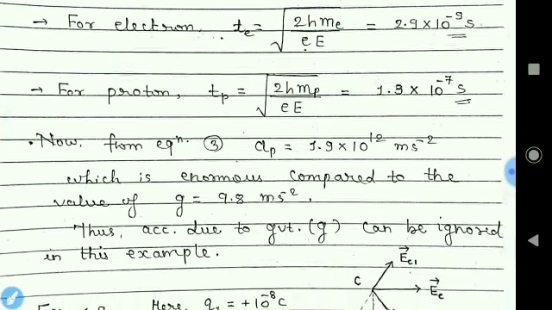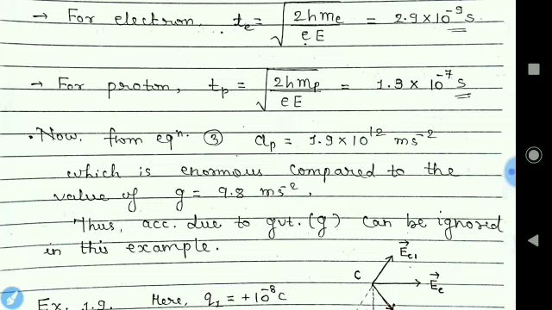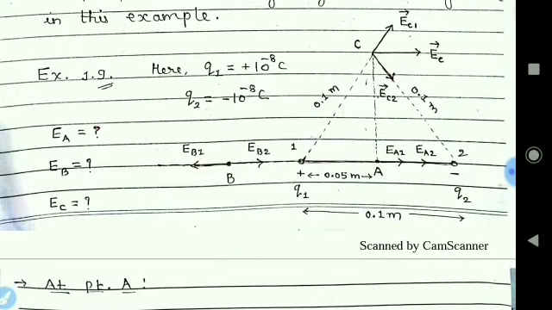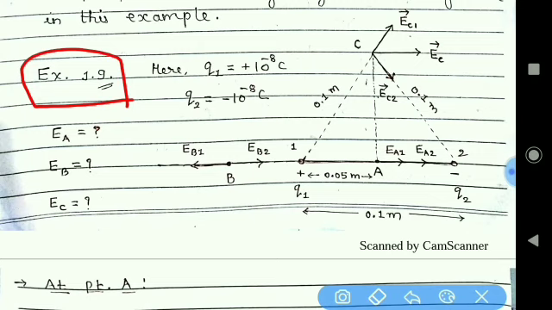So here we complete this example, and our next example will be example number 1.9. Now students, earlier we obtained the force on a particle kept at a point due to other charged particles by using vectors.